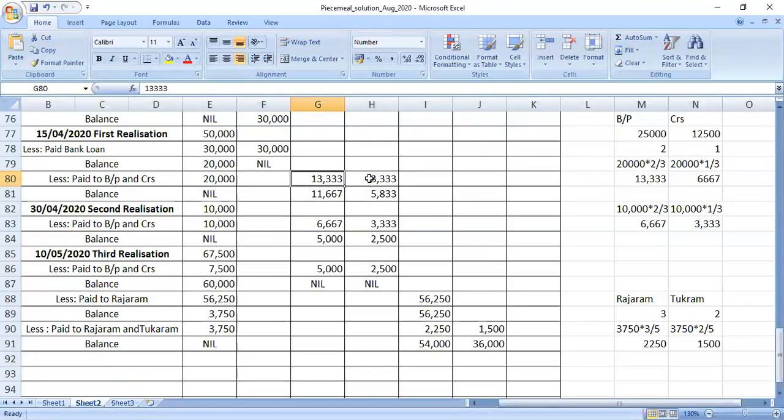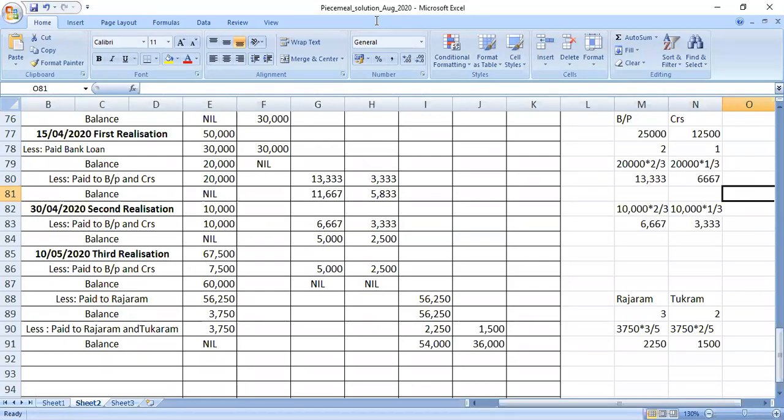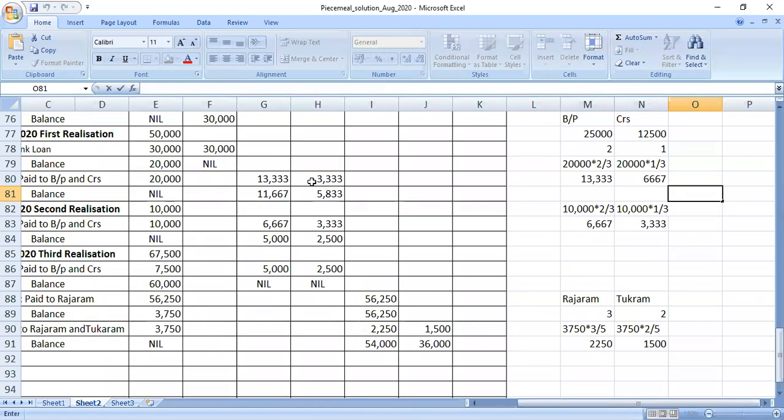This particular thing, 13,333 and 667 is there. Yes, you are right. This was 667.